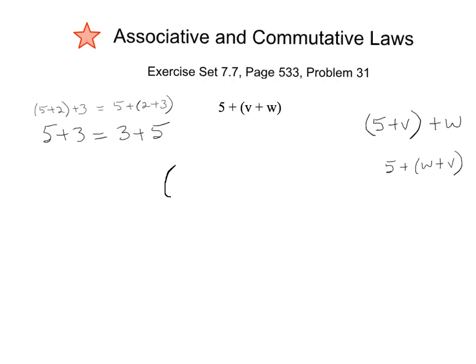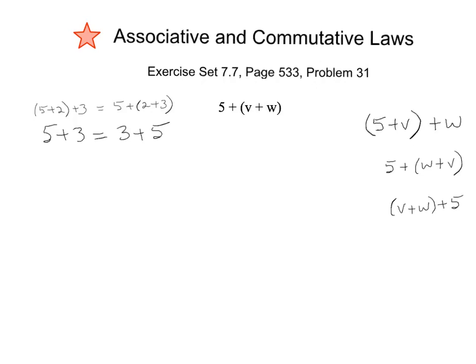So we could change our expression to (V + W) + 5. See how I've used the commutative law to change the order. I had 5 plus bracket. Now I have bracket plus 5. Another equivalent expression. Okay, so I've got 3 equivalent expressions again.